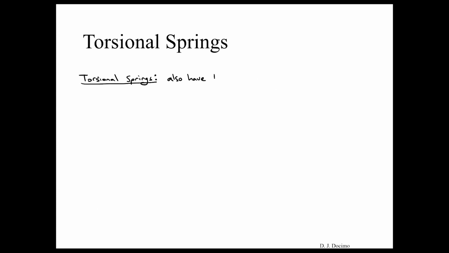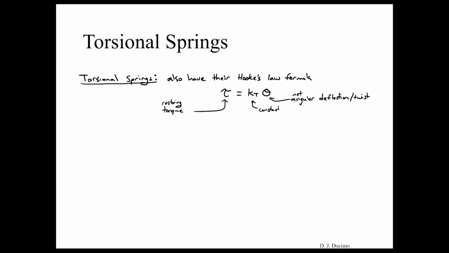Torsional springs are also dependent on Hooke's law. So our restoring torque in this case is equal to our spring constant for the torsional system, KT, times our net angular deflection or twist. If we draw out a spring, and this could also be represented by a beam with some elasticity in it, we have two coordinates, phi1 and phi2.